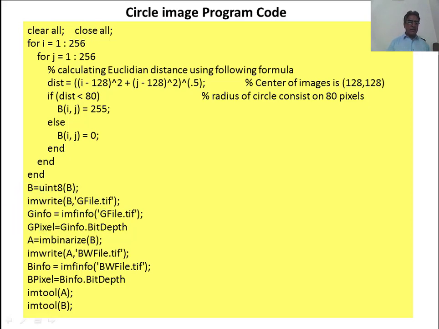This B image is the digital image and it is stored in RAM. If we want to create the file at the physical hard disk drive, then we will use imwrite, and this B data is written to this kind of file.